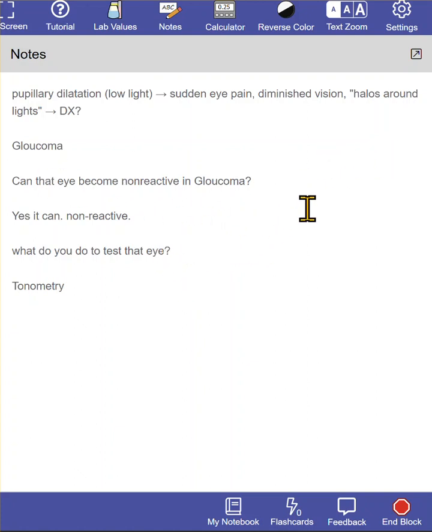You have such high intraocular pressures that the eye cannot dilate, and so cannot constrict. Even in low light, where you would want to dilate your eye, you have issues reacting to light.